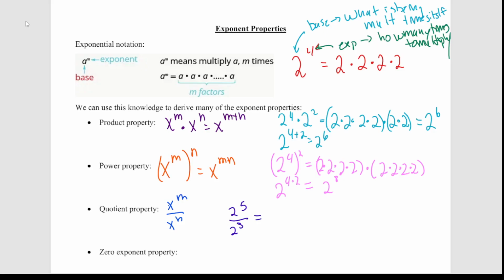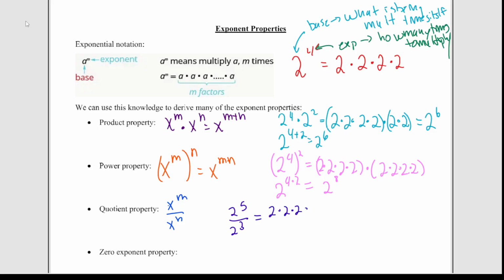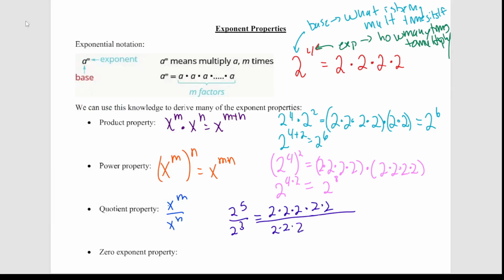That would be 5 2's divided by 3 2's, and 2 divided by 2 makes 1, 2 divided by 2 makes 1, 2 divided by 2 makes 1. I would be left with 2 squared. In this case, what did I just end up doing with those exponents? I subtracted them. And that's in general how the quotient property works: you are going to subtract those two exponents.